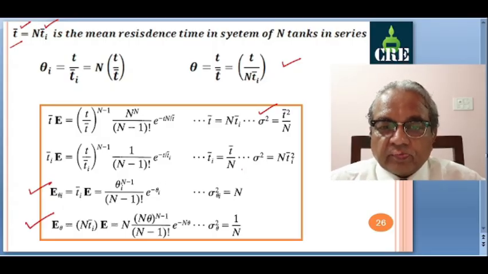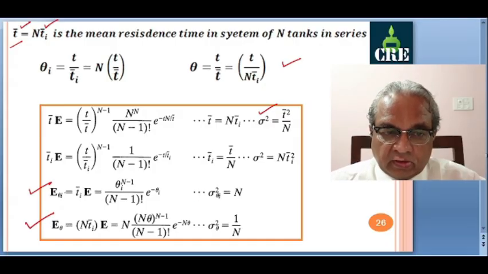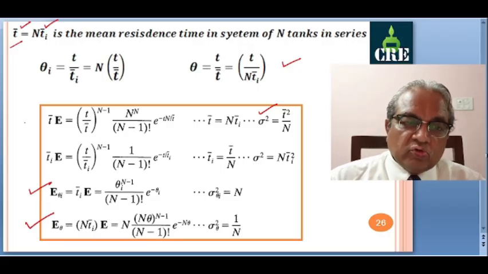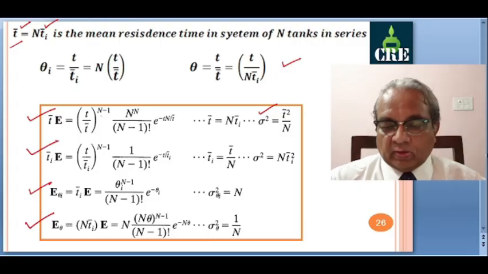And here sigma theta i square is equal to n when variance is calculated for this in dimensionless form, and variance for the system is 1 by n. We will use mostly these expressions. Okay.